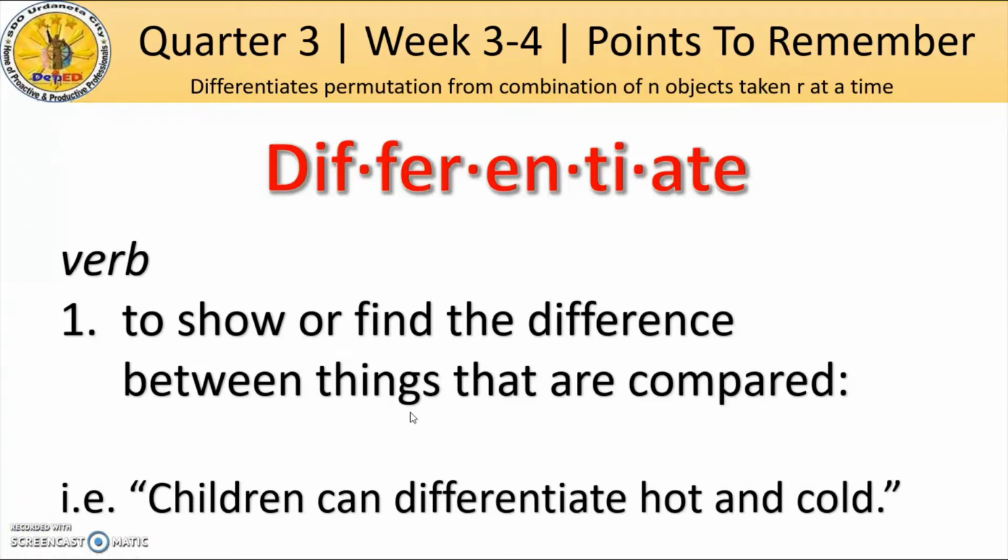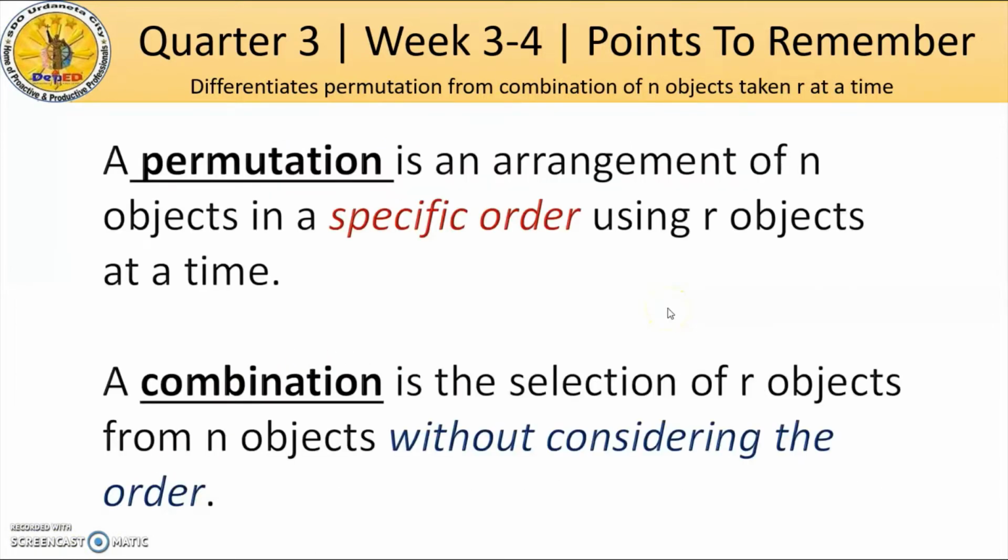Now that we know the definition of differentiate, at the end of this virtual instruction, you should be able to differentiate or tell the difference between permutation and combination of n objects taken r at a time. Here are your points to remember.